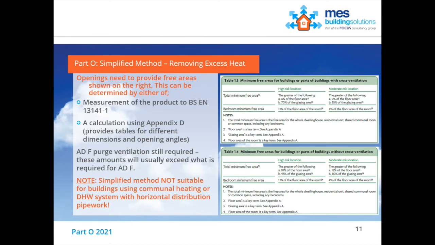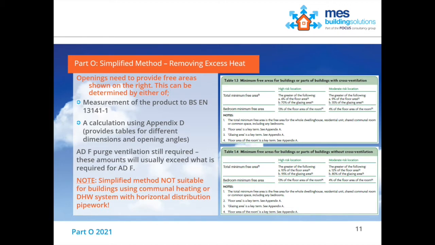So we can find the information from there. And if we provide the openings that are mandated by the simplified approach in ADO, then we will meet the Part F purge ventilation requirements by default. However, meeting the Part F purge vent will not give you sufficient opening area to meet the Part O requirements.